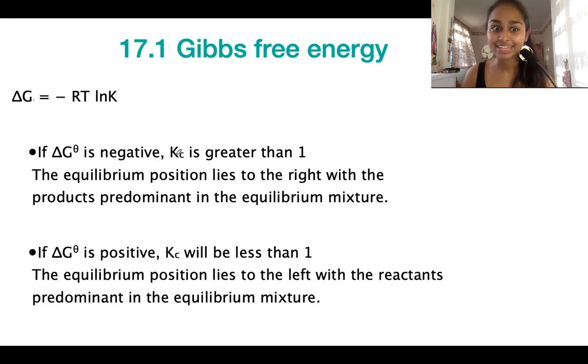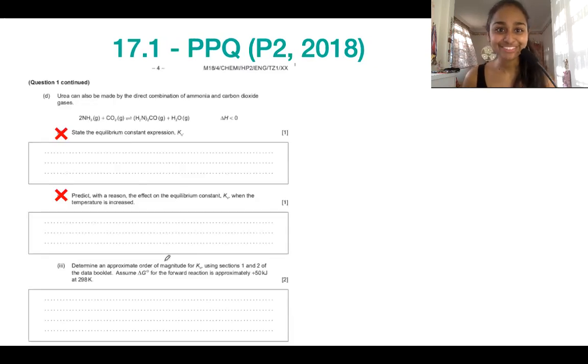On the other hand, if delta G is positive, which means it's non-spontaneous, this tells us that our Kc is going to be less than 1 because the reaction hasn't occurred, and so we're going to have more reactants than products, and equilibrium is going to lie to the left. So let's have a look at this question then.